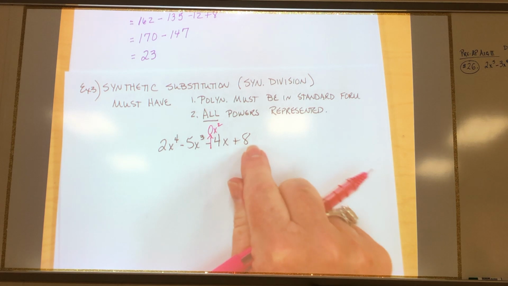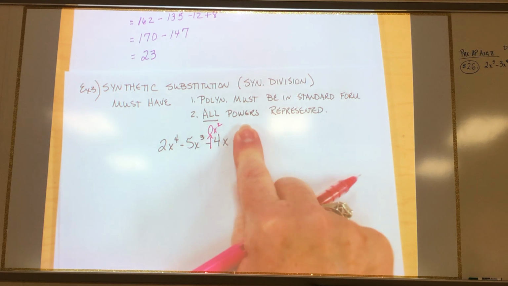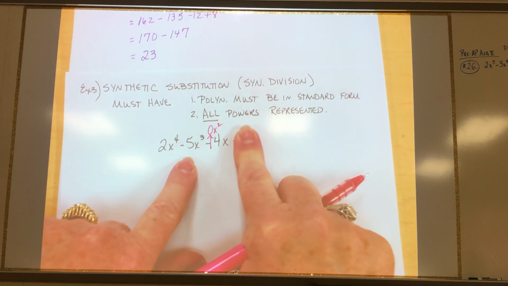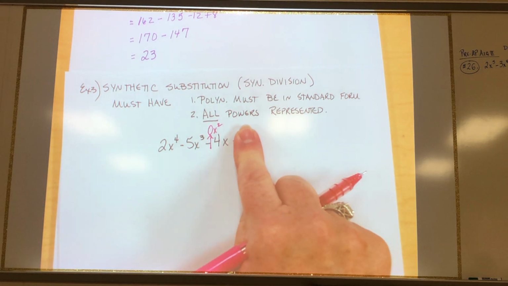Y'all, this one has to be there. If it doesn't have, what is this called? A constant. A constant. We did it yesterday, okay? We talked about it yesterday. This is called a constant. If the constant is not there, you have to put a 0 in its place. If my polynomial just looked like this, you couldn't say, oh, 4, 3, 2, 1, boom, I'm done.